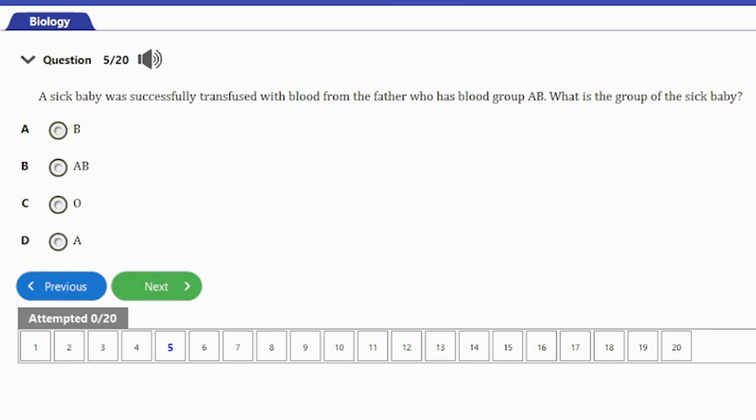Question number 5 here. It says a sick baby was successfully transfused with blood from the father who has blood group AB. What is the group of the sick baby?